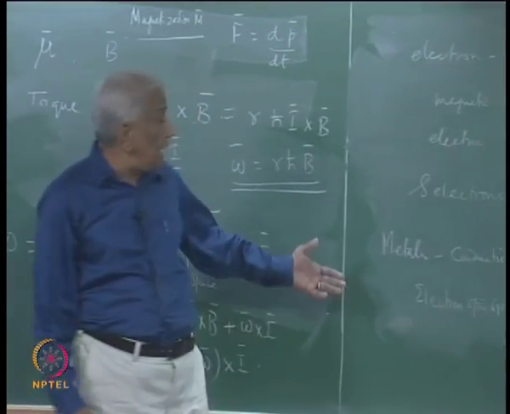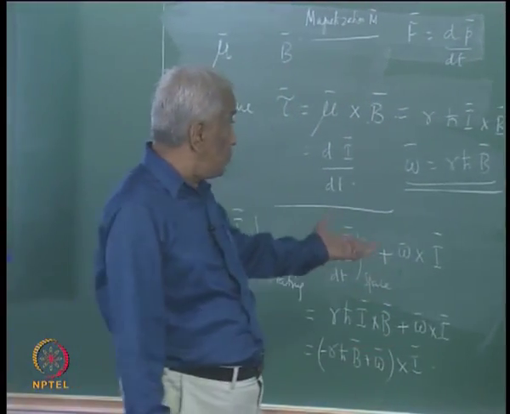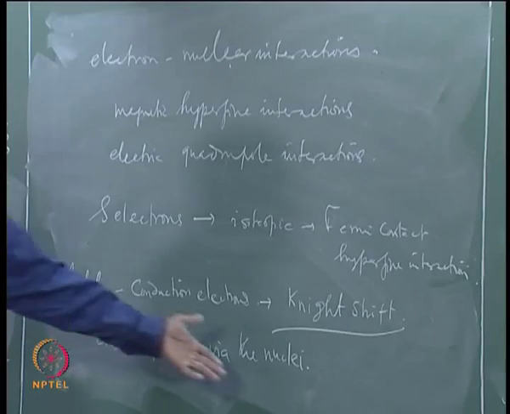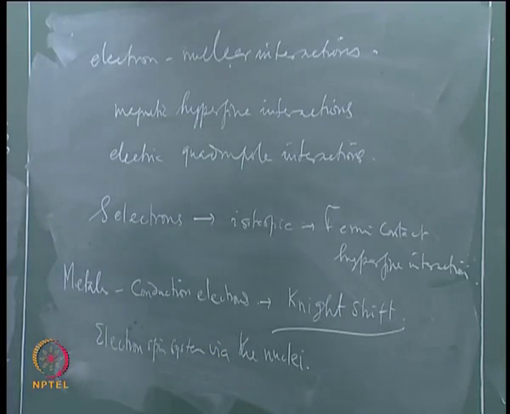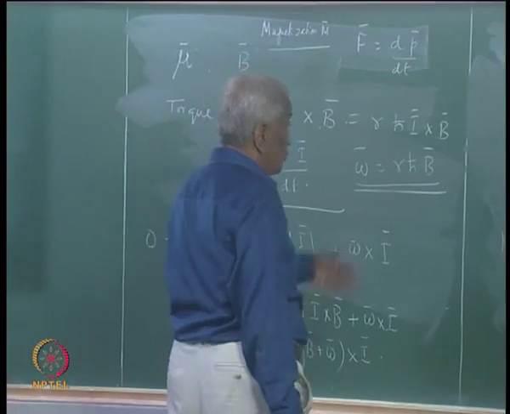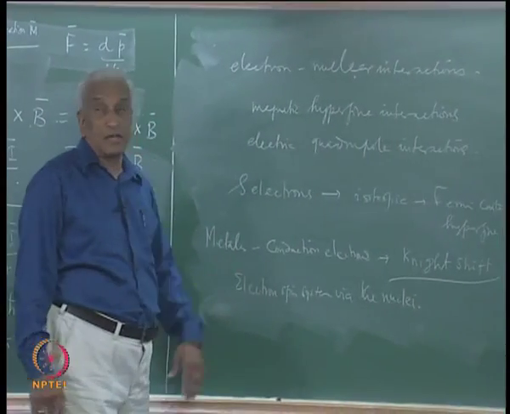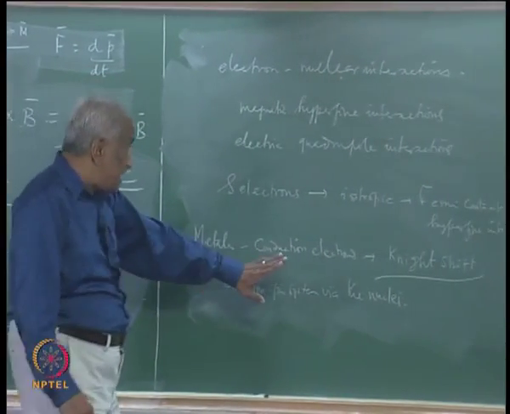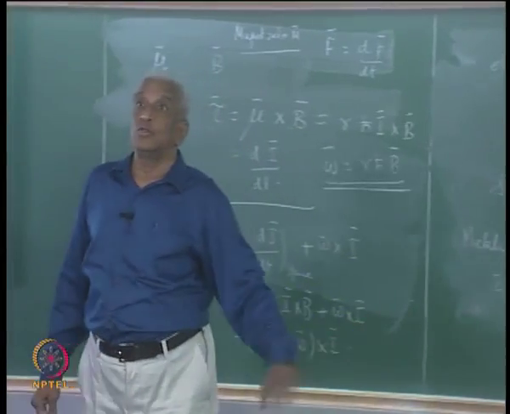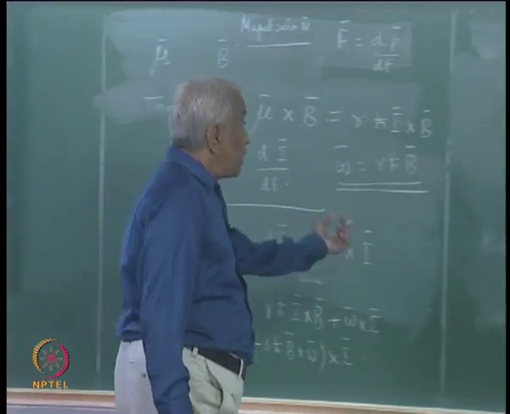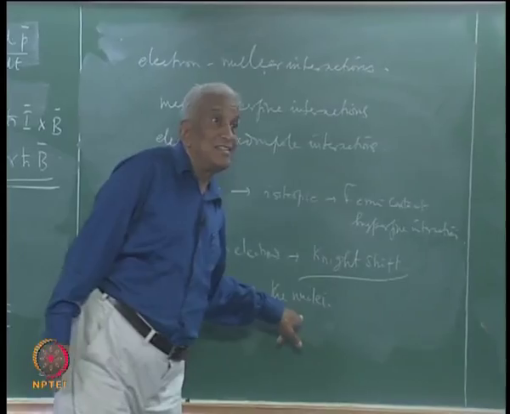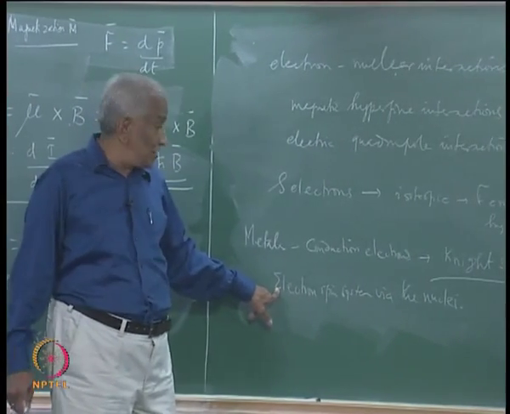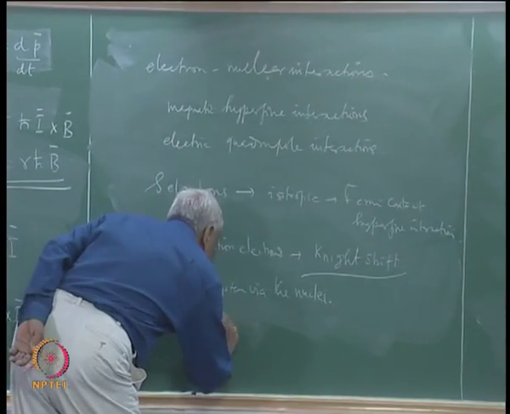As we already saw, it is much easier to observe electron resonance than nuclear resonance, because the energy level differences are much higher. So, the intensities are much stronger here. So, if you can transfer the nuclear polarization to the electronic system, then you can observe the nuclear transitions via the electron resonance, and that is known as a double resonance technique.